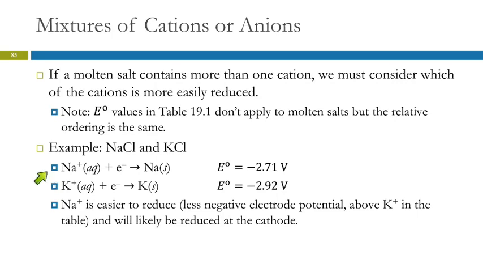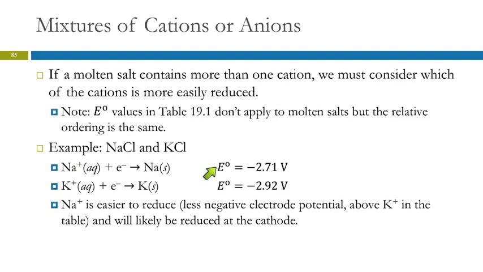So if we look at sodium ion and potassium ion in the table, we see that the standard reduction potentials are negative 2.71 and negative 2.92 volts. So these voltages don't mean anything, but the relationship of them tells us that the sodium is the one that will be reduced and the potassium will not.